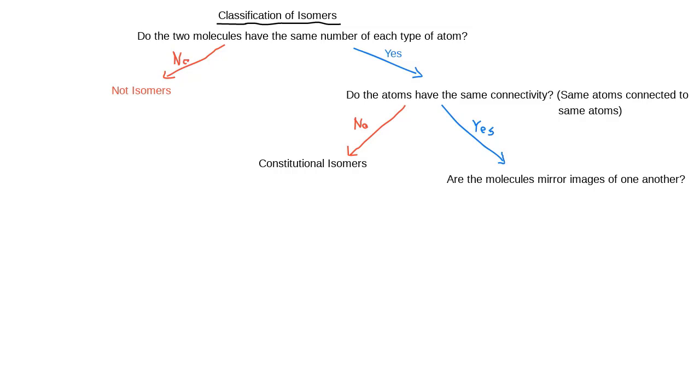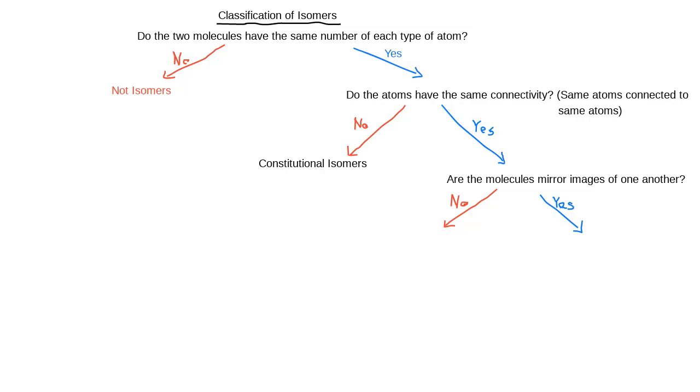So if the answer is yes here, we have another question. If it's no, then they're diastereomers. Okay, but if it's yes, then that means they're meso compounds, right?